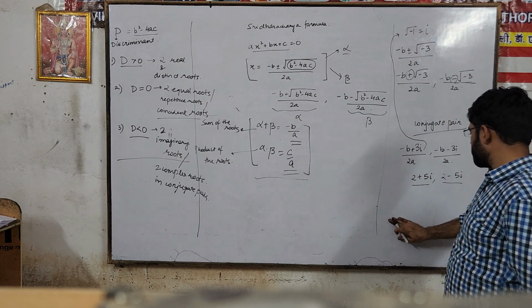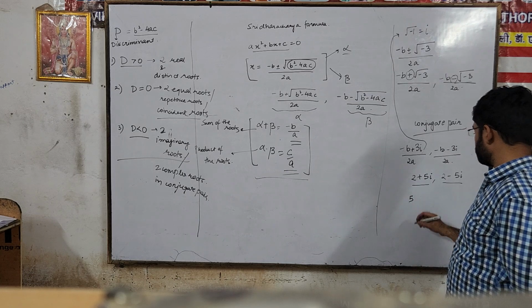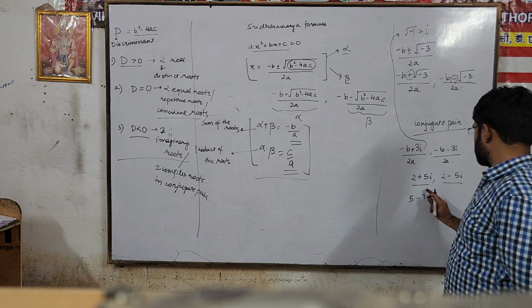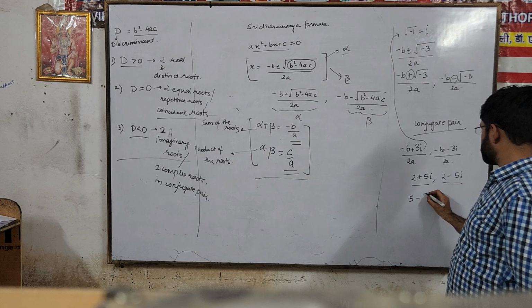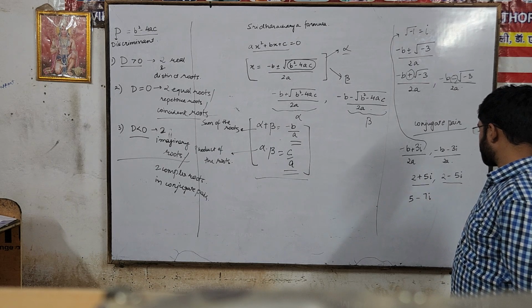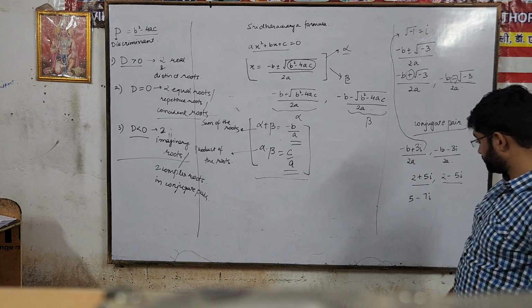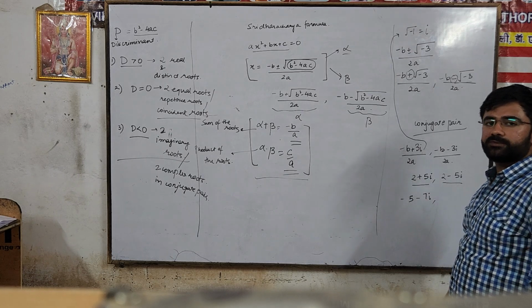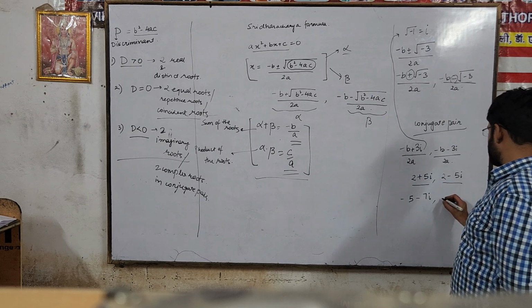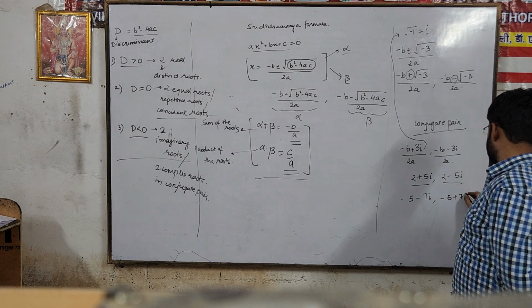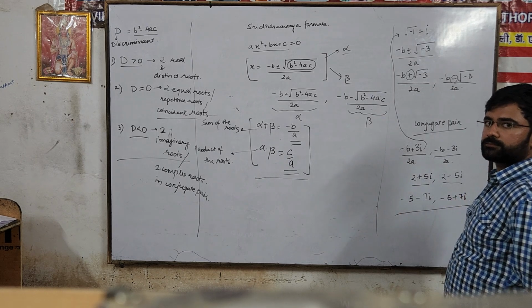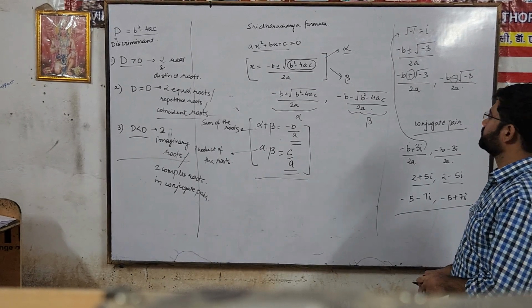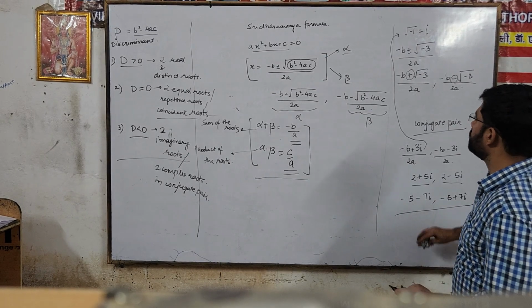Let's say if I tell you minus 5 minus 7i is one root, what is going to be the second root of this equation? It is going to be minus 5 plus 7i. I hope you understood these basic terms.